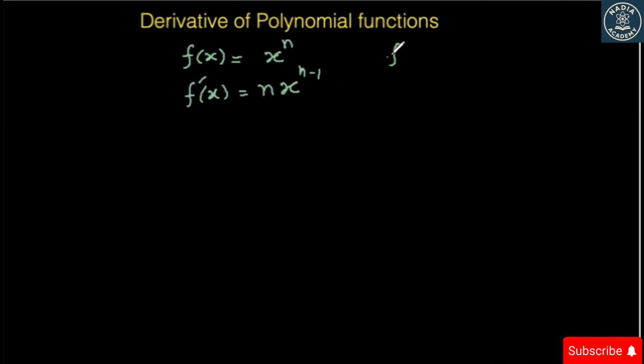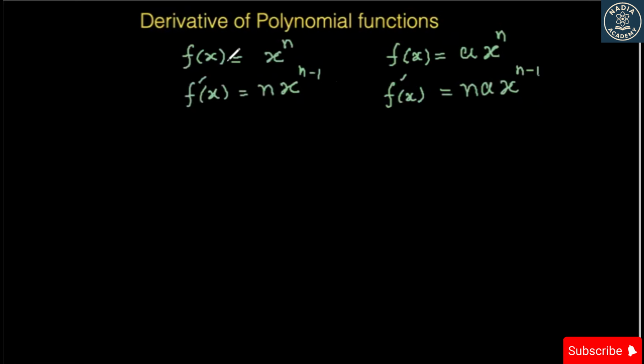And if we have a function where we already have a coefficient, a constant number a times x power n, then for the derivative the constant remains as it is. So n times a will be our new coefficient, then we will have x power n minus 1.